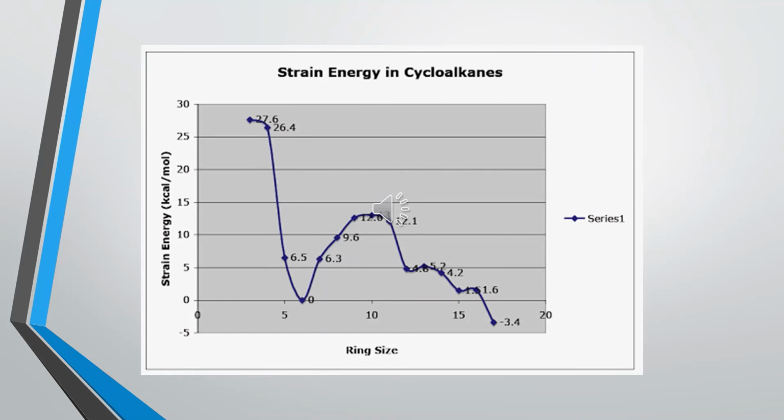The atoms can get out of each other's way in terms of the torsional angles. By the time you get to these very large rings, 16, 17, 18, 19, it might as well be an acyclic chain, right? It doesn't really behave even like a ring anymore.